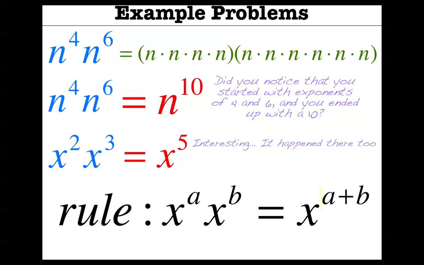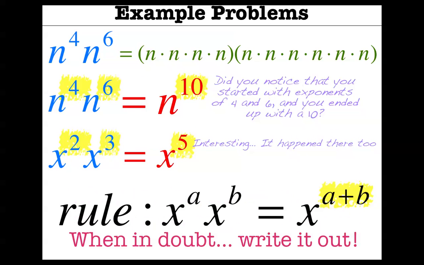Well, the rule is, what do you do with the exponents? You add them up in this scenario. 4 n's and 6 n's mean you have n to the 10th, and 2 x's and 3 x's mean you have x to the 5th. Now, you can write out all those n's or all those x's, but the point of this rule is that it's a shortcut. It's a shortcut to help you save a little bit of time and effort.